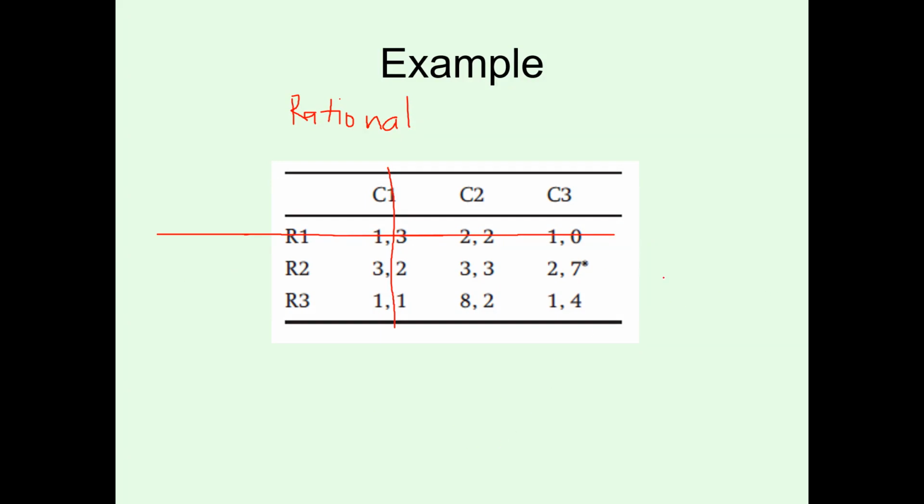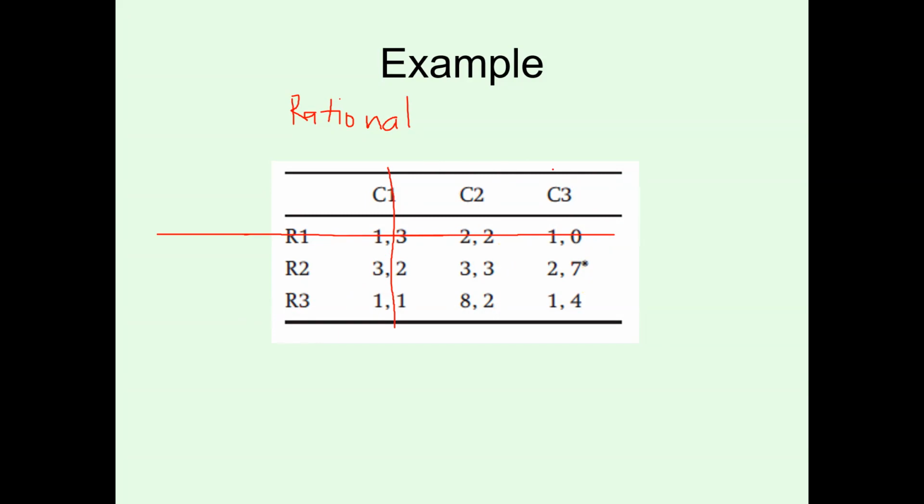So let's analyze again, okay? If player R chooses R2, I will get 3 if I select C2. If I select C3, I will get 7. So C3 has a higher payoff compared to C2. Now, if I use R3, if the other player adopts R3, I will get 2 for C2, and for C3, I will get 3.